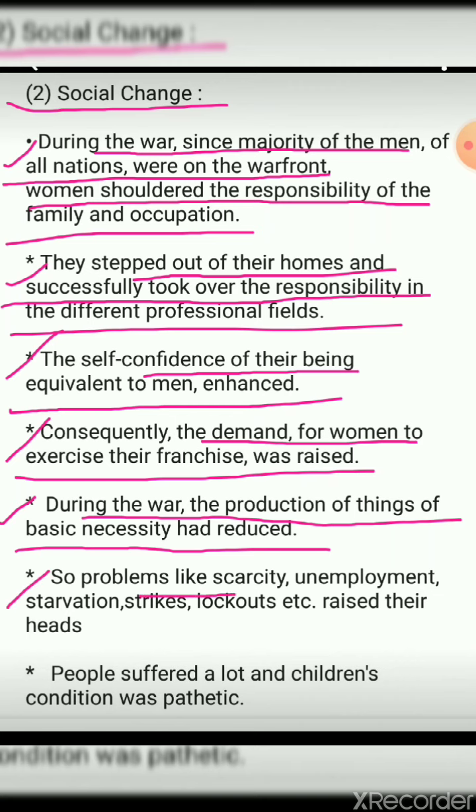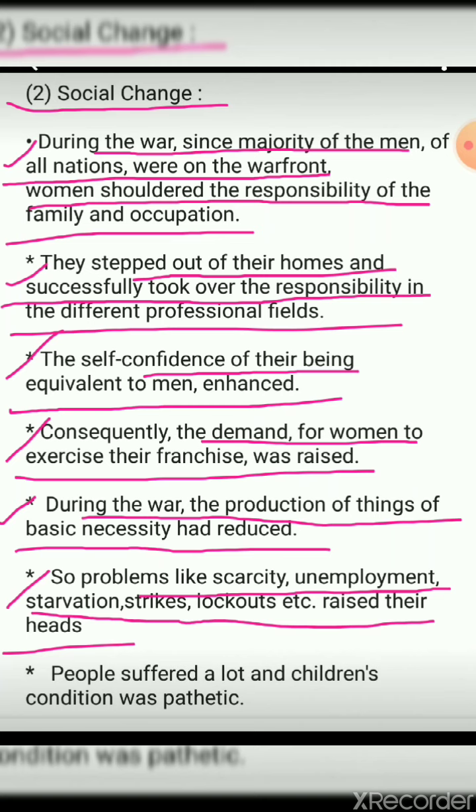So problems like scarcity, unemployment, starvation, strikes, lockouts, etc., raised their heads. What they're saying over here is that problems now arose because no production of necessity things was being seen, and necessity things are very important for the society, and that was not seen.